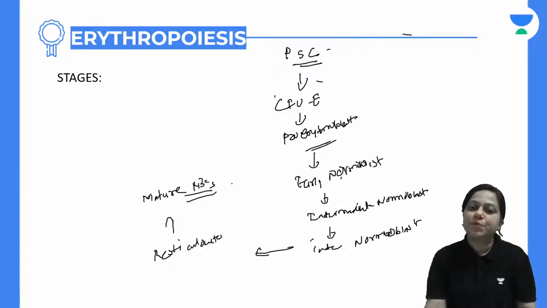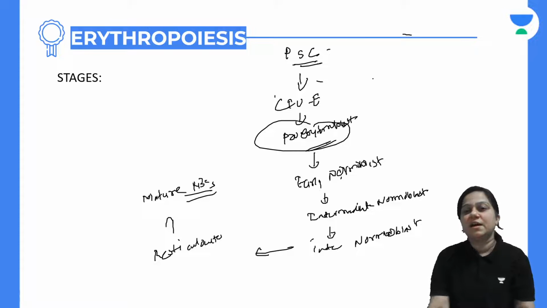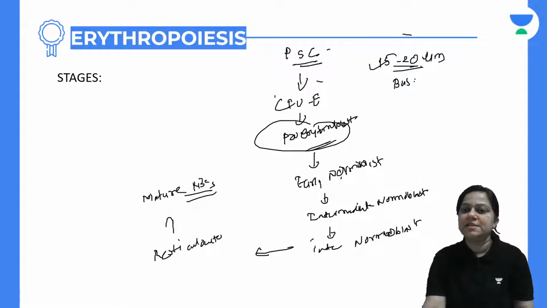So this proerythroblast is a very large cell. Diameter is approximately 15 to 20 micrometer, and here the cytoplasm is basophilic.